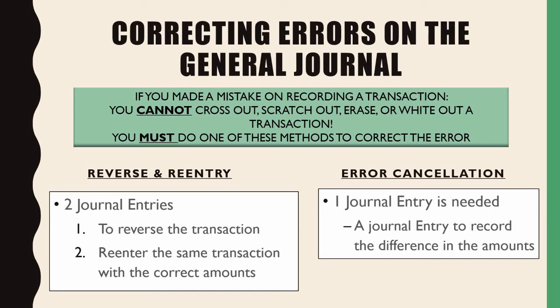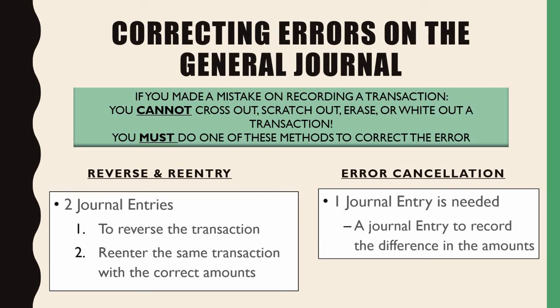They cross things out, or they forget to put a transaction in, and they try to hide money. So again, this is not because we're trying to be computers and be perfect. This is because of fraud.